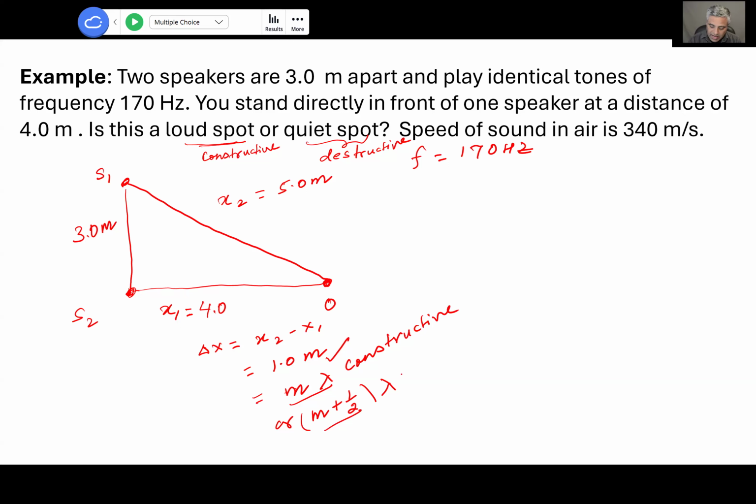If it is m plus half times wavelength, then it is destructive. So for that, we need the wavelength of this wave. But frequency is given and the speed is given. Wavelength is not directly given, rather it is given indirectly.